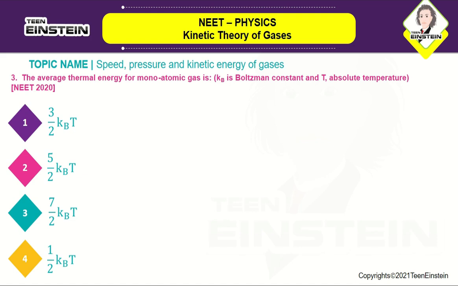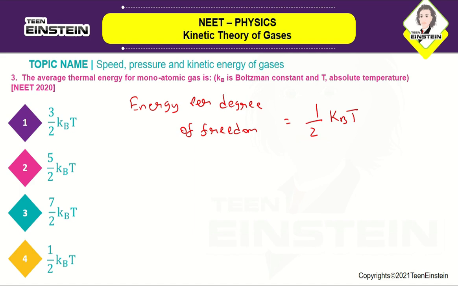So according to the law of equipartition of energy, the energy per degree of freedom is 1 by 2 kBT. So this is based on the law of equipartition of energy.